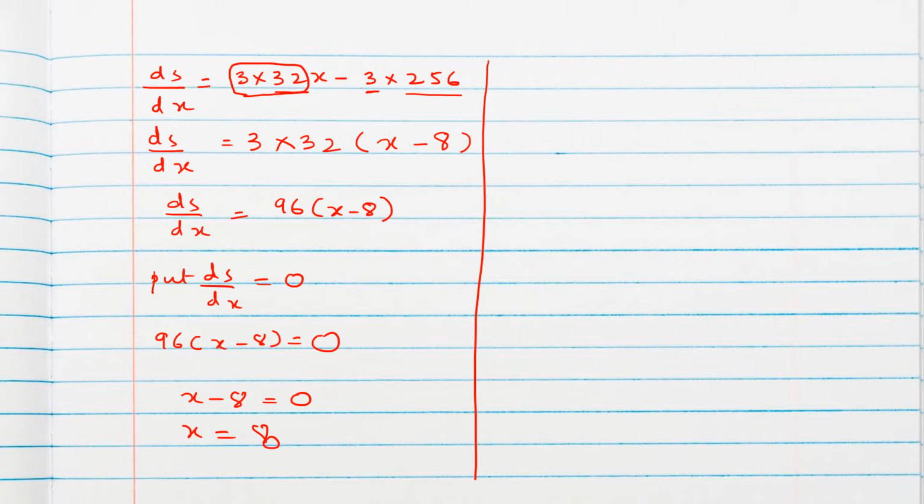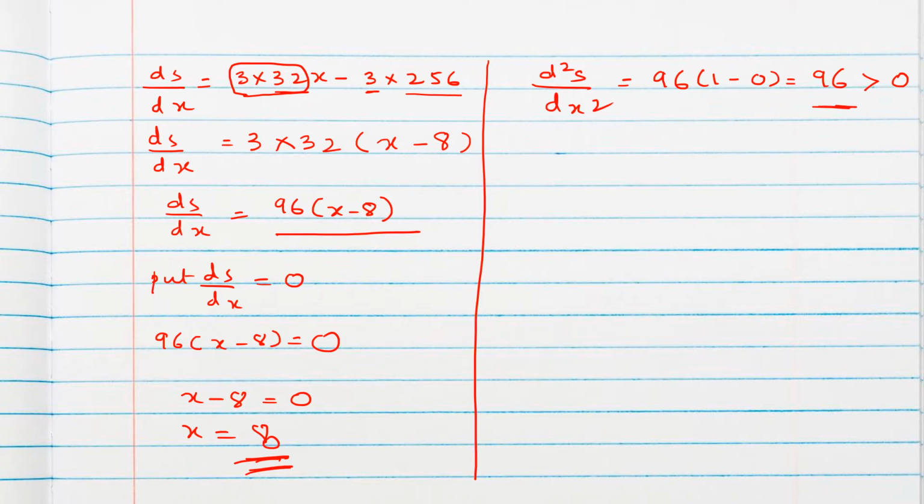Then we will decide whether this function will be minimum or maximum. So since ds by dx is 96 into (x minus 8), d square s by dx square will be 96, the coefficient, isn't it? The derivative of x is 1, the derivative of 8 is 0. So this is 96, which is a positive number. It will be positive always because it is irrespective of x. So whether you keep x equal to 8, x equal to a negative number, x equal to 0, that x value won't affect the double order derivative value.